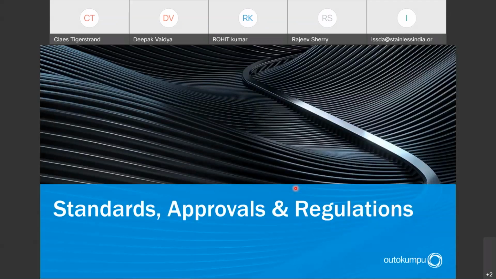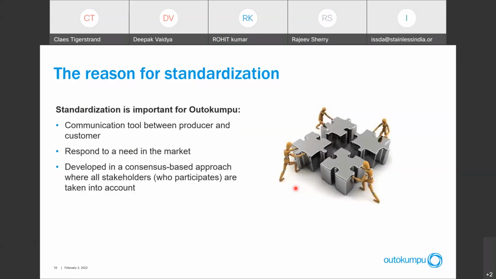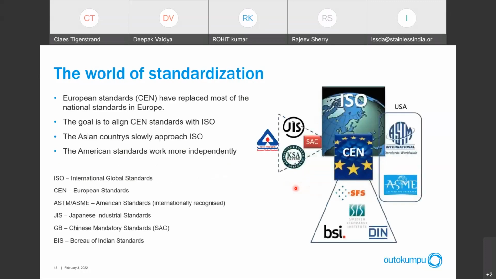Very shortly about standards, approvals and regulation. This is an area that is very important for us. We see this as a very important communication tool between the producer and the customer. The standards are developed in a consensus-based approach where all the stakeholders are included and all views are taken into account. So what type of standards are we working with? Mainly European standards because we are a European company, and the American standards, but also the Asian standards are very important.